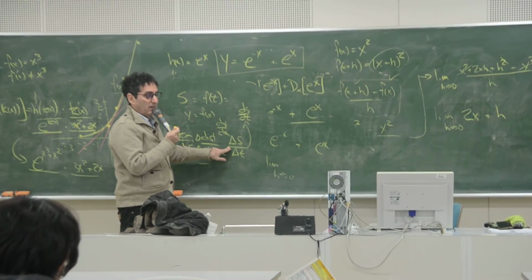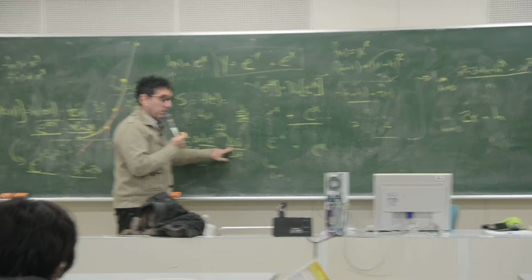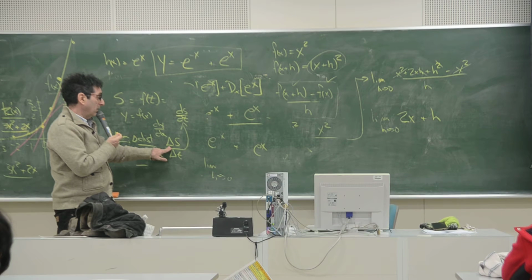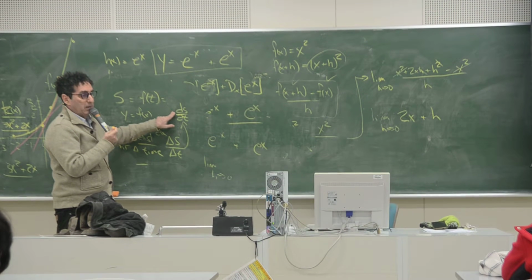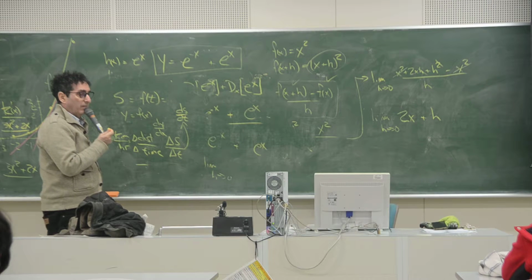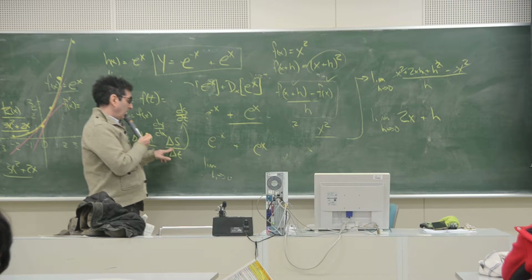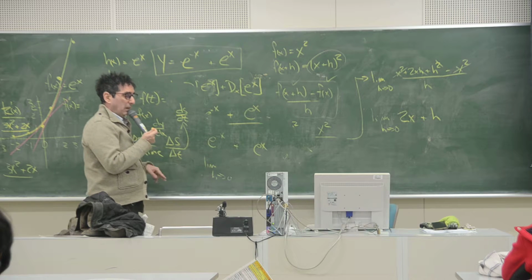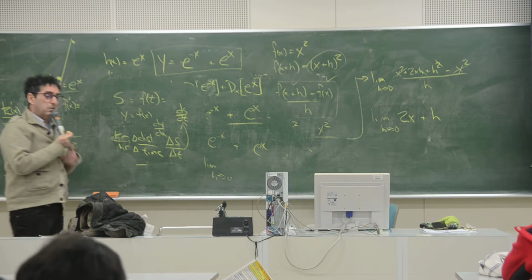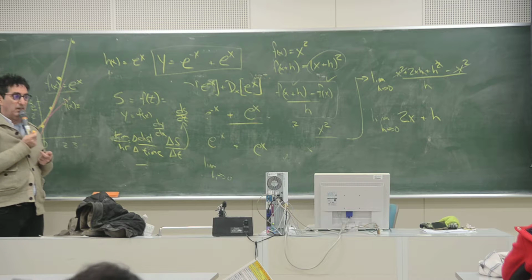Instantaneous speed. This is the average speed, but when we do derivatives, we get instantaneous speed. Okay, that's the idea. And then, what does acceleration mean? What does the word acceleration mean?